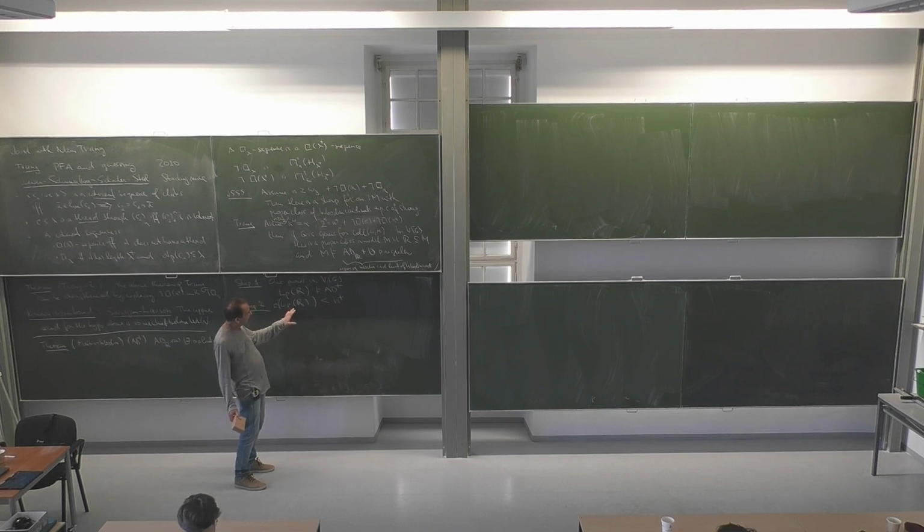So really the square is used to show that the height of this thing has small cofinality. So the top part of the square is used.